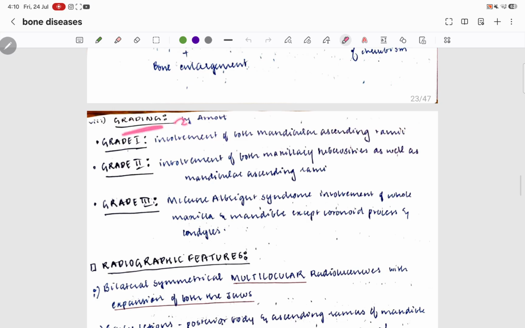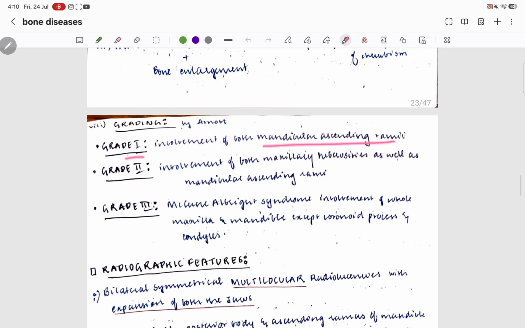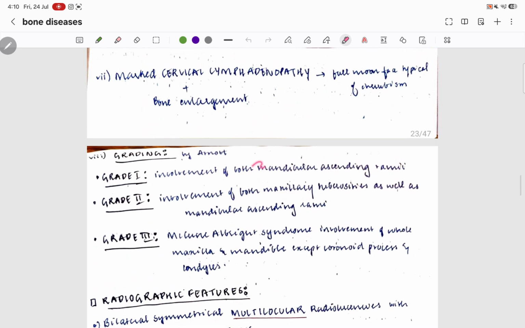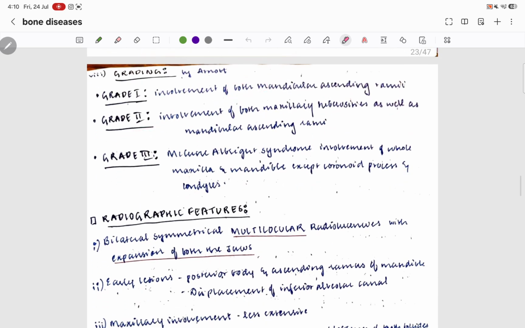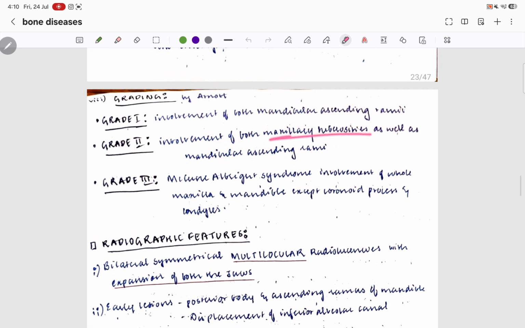Grading: grade 1, grade 2, grade 3. Grade 1 is where both mandibular ascending rami are involved. Grade 2 is where both maxillary tuberosities are involved as well as the mandibular rami.